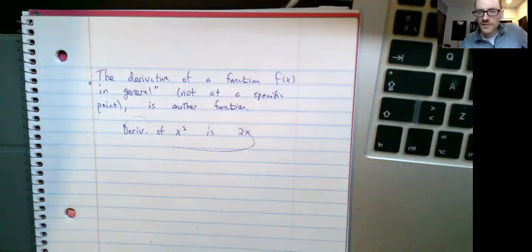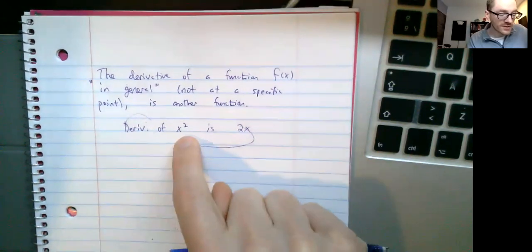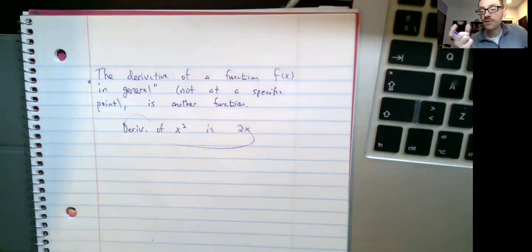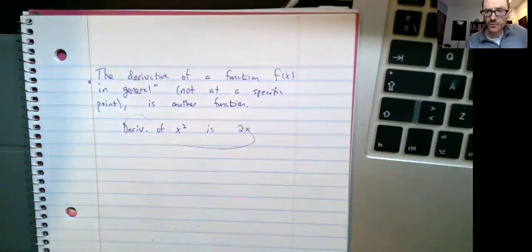If we just mean the derivative in general without a specific point, we just won't mention a point. We'll just say the derivative of x squared, not at 5, not at 6, just the derivative of x squared is 2x. So that's how we distinguish between these two ideas, okay? If we want to refer to this concept where we're just taking the derivative in general, we just call that the derivative, not the derivative at a point, but just the derivative, okay?